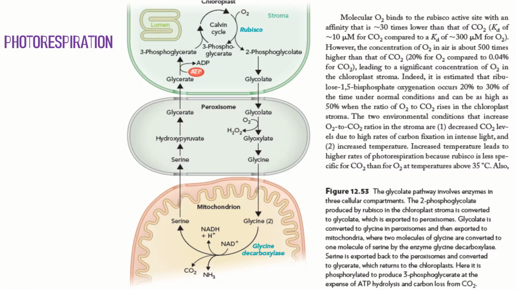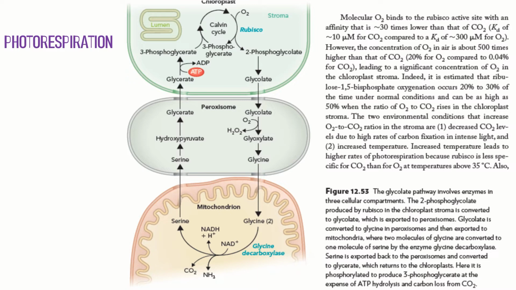So what happens, there is an equal opportunity that this Rubisco may bind with the oxygen as well, especially when there is a decreased CO2 level due to high rate of carbon fixation in intense light, and also when the temperature increases. These two things, increased light intensity and increased temperature, both exist in the tropical regions of the earth. Therefore, in the tropical plants, there is a higher tendency for photorespiration.